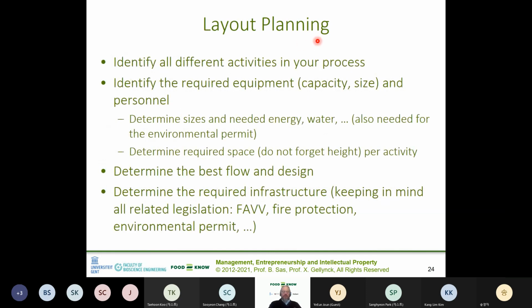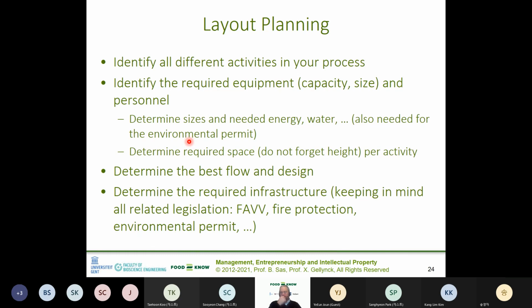So for layout planning, identify all the different activities in your process, identify the required equipment regarding capacity, size. Also determine the sizes needed of the equipment and, related to that, the energy consumption, water consumption. This is important for some countries, like in Belgium, for your environmental permit.